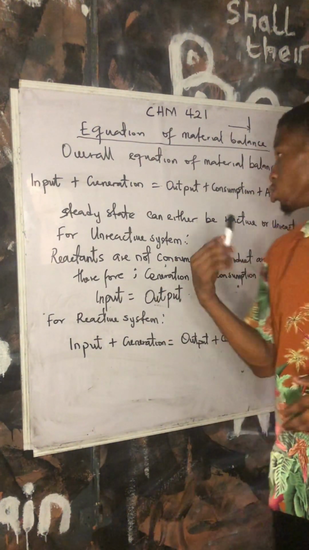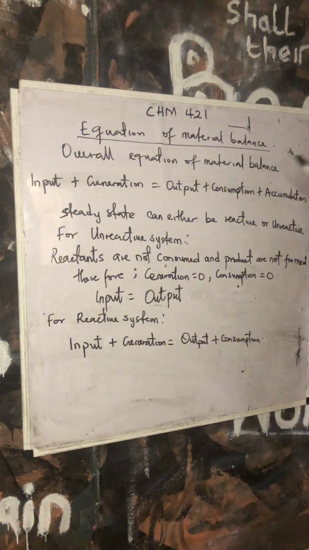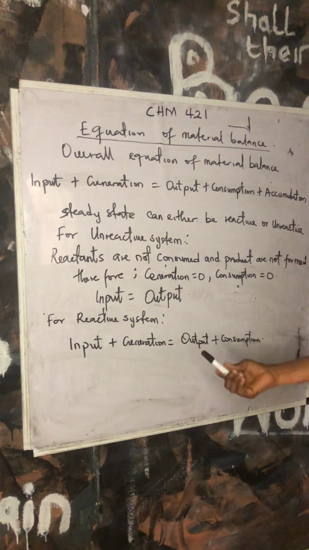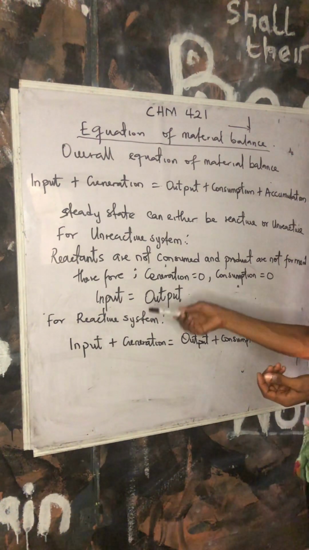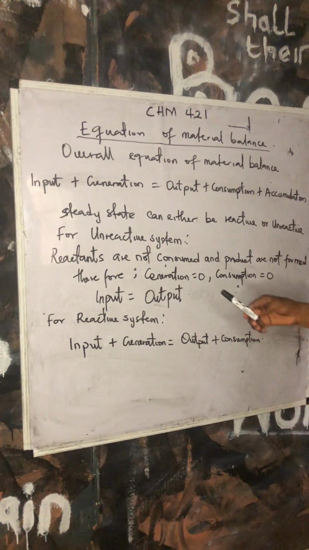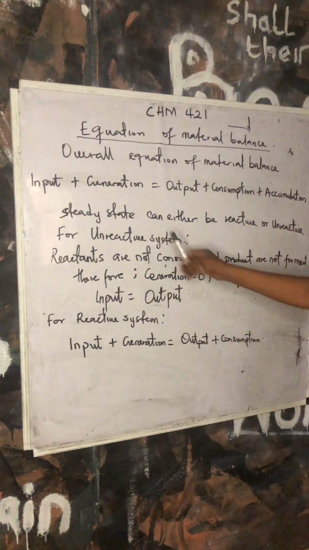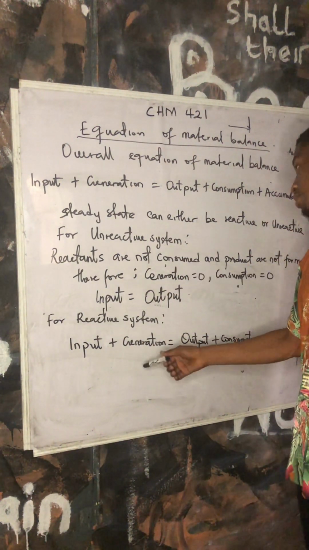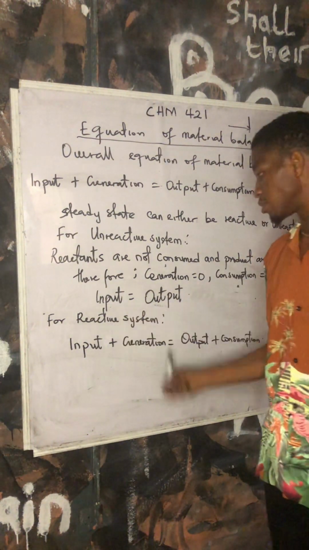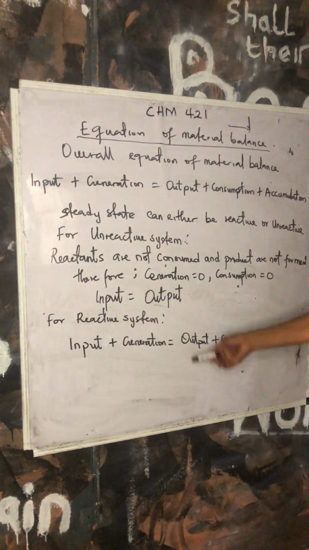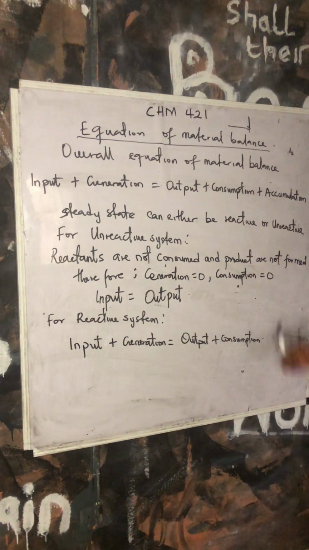So for steady state, unreactive system, take note, unreactive means reactants are not consumed and products are not formed. Considering that there's no accumulation, your equation for material balance will always be input equals output. Then for reactive system, it will be input plus generation equals output plus consumption. And that's all there is to know.